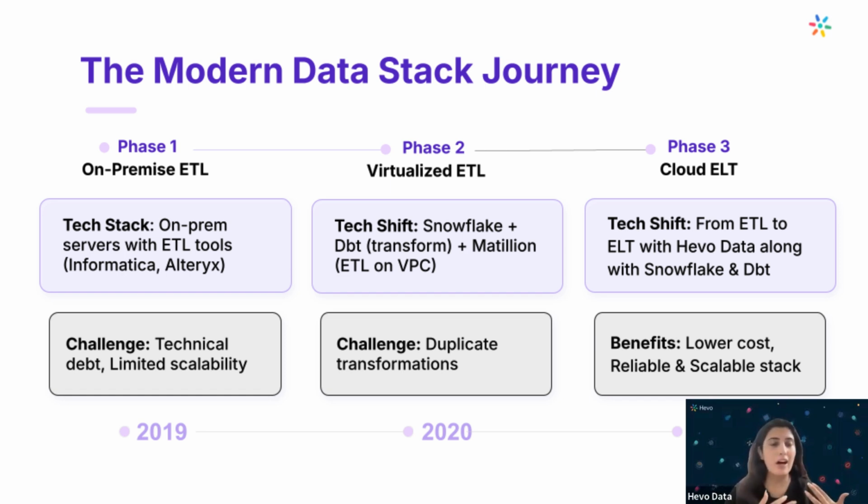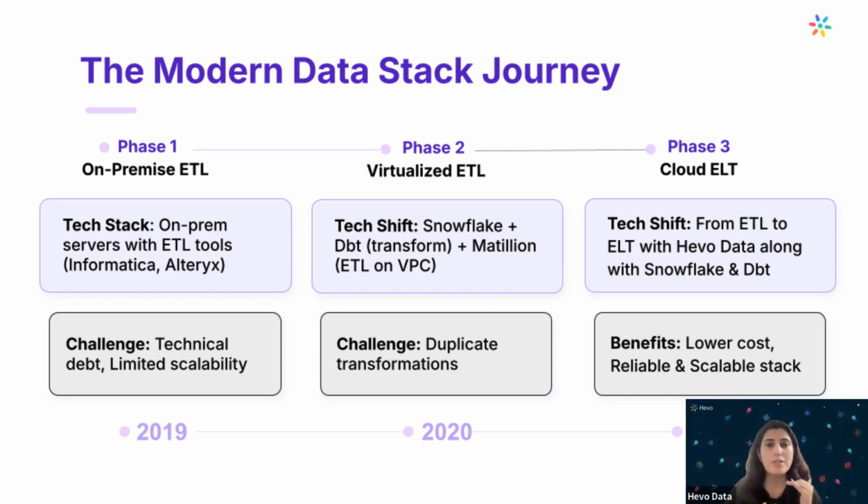They were building on-prem with Informatica and Alteryx, which worked fine until 2019, until they realized that the world is moving in a different direction, and they had a lot of technical debt and very limited scalability, as we talked about in our initial few slides, that it takes a lot of cost to actually make sure your on-prem is scalable enough.